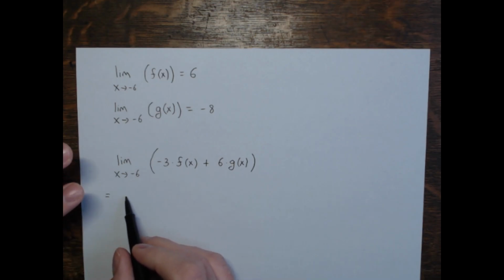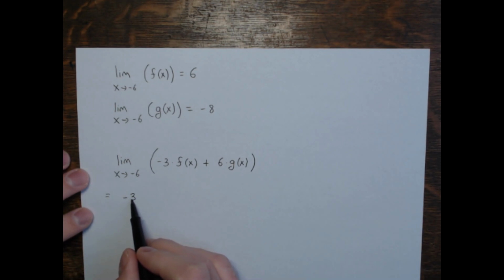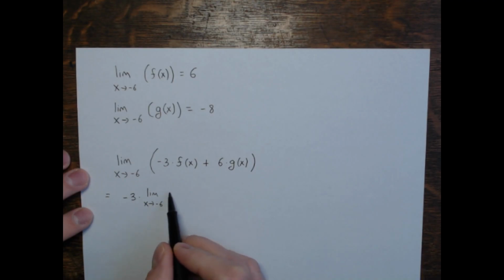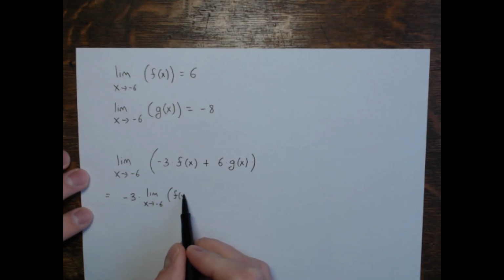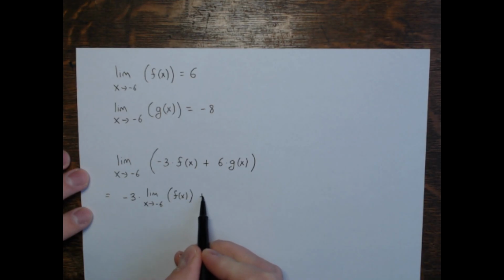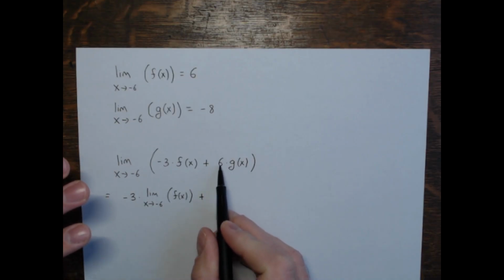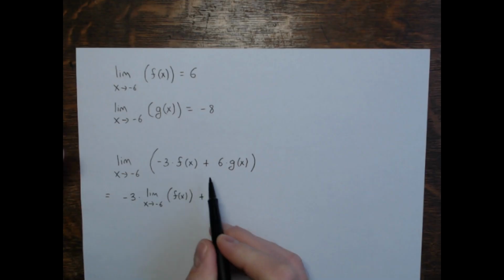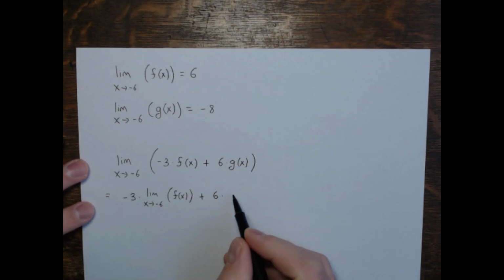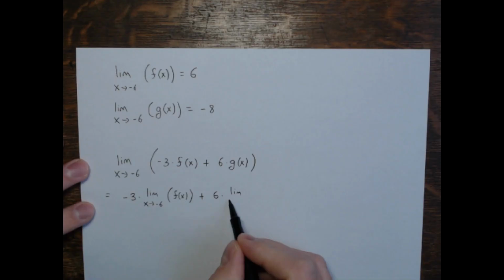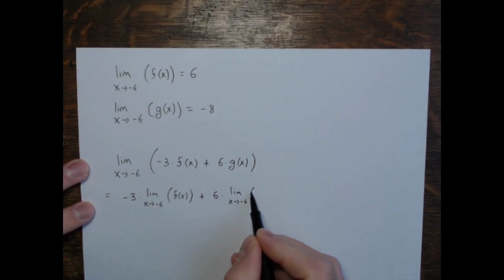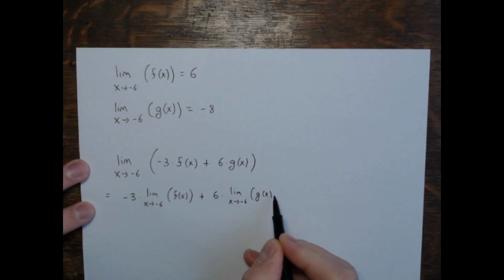Eventually, after applying all the laws, you'd have -3 times the limit as x approaches -6 of the f function, plus, and then again, go do the next term, pull the 6 out. Constant multiple law: 6 times the limit as x approaches -6 of the g expression.